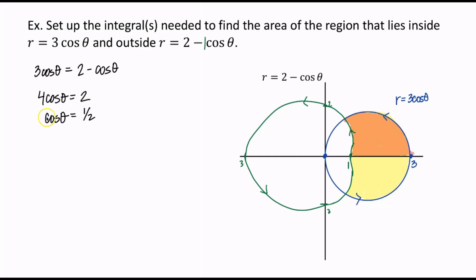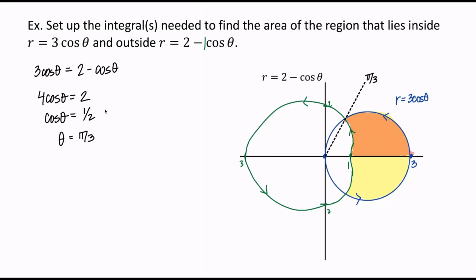I'm dividing both sides by 4. Now I want to think about what angle do I substitute into cosine to get out 1/2. And this is a quadrant 1 angle I'm looking for. So here theta is going to be pi over 3. So pi over 3 is this angle where we can see that these two polar graphs intersect.